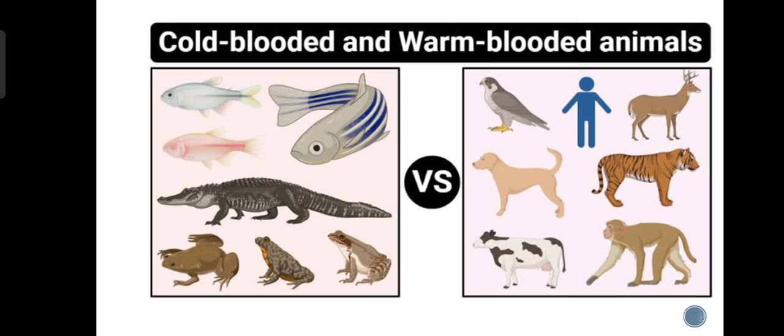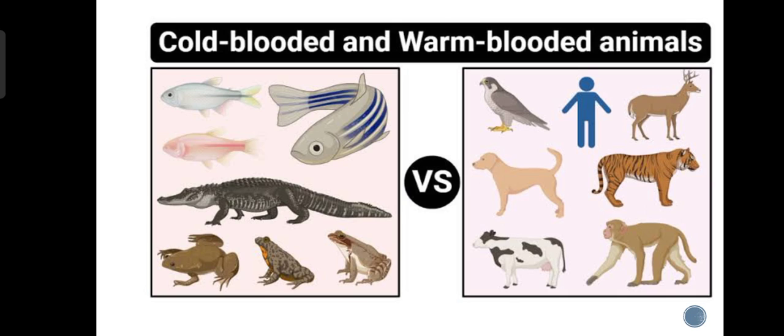And there is another group of animals who will change their body temperature as the external temperature changes. Right? So there are two types of animals, cold-blooded animals and warm-blooded animals.